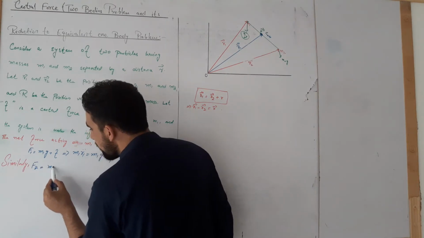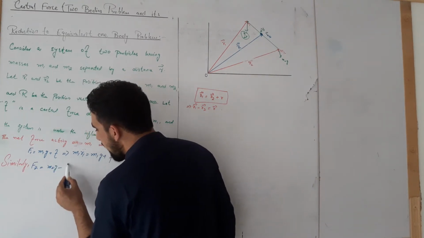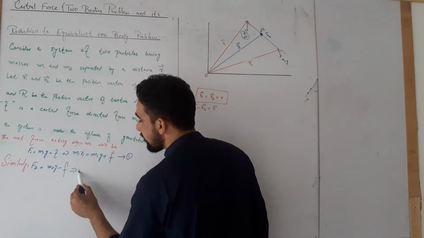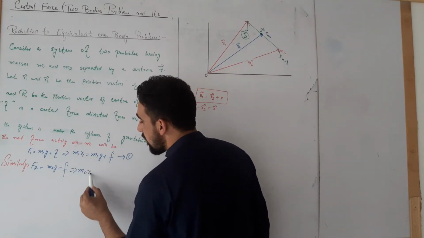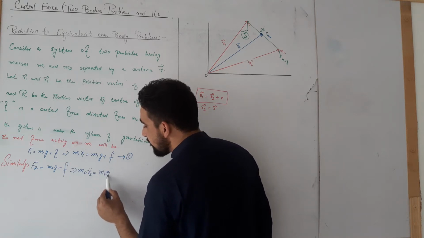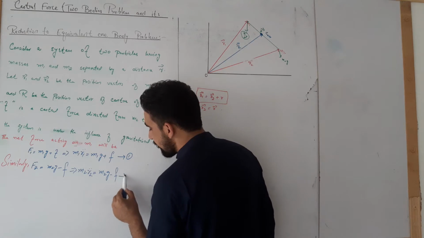F2 will become m2g minus F, and this will be m2 r2 double dot is equal to m2g minus F. This is equation number 2.